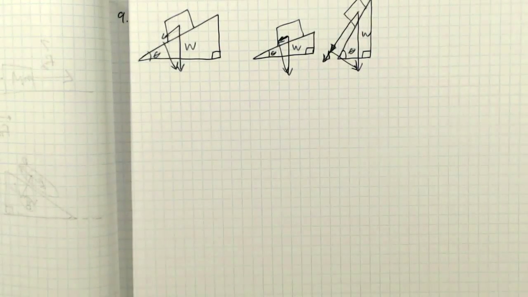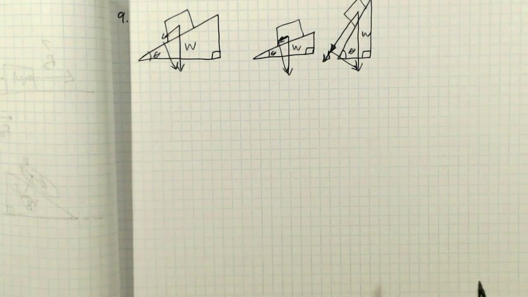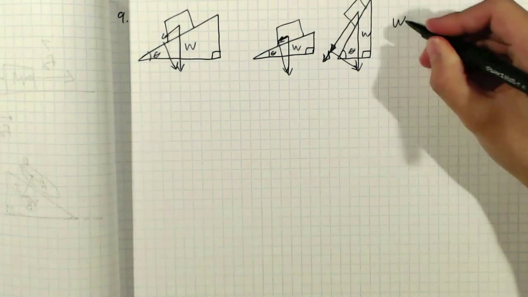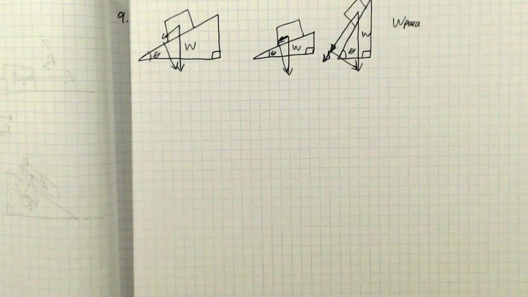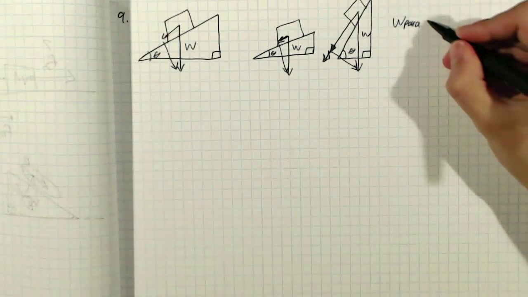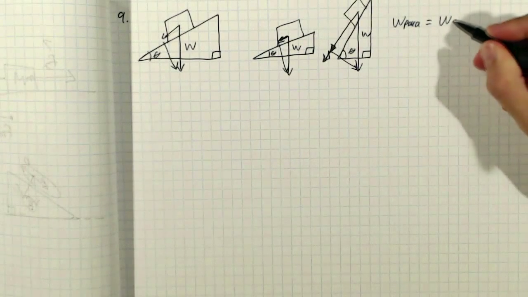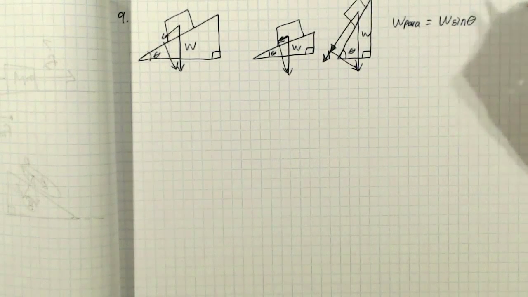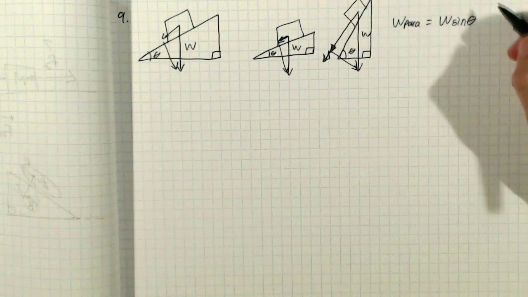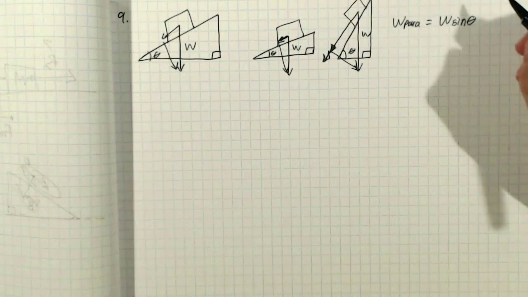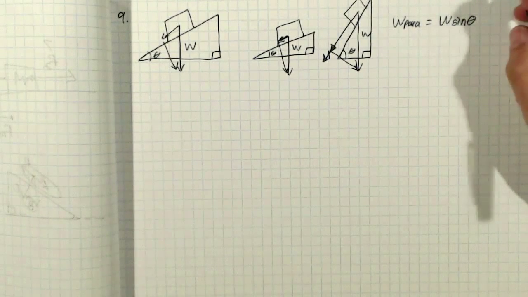Another way to express that mathematically is that the component of the weight parallel to the plane is equal to the weight times the sine of the angle. And as the angle approaches 90 degrees, or as the angle gets bigger, the sine of the angle is going to keep increasing, and it's going to approach 1.